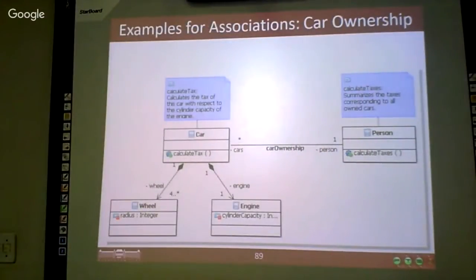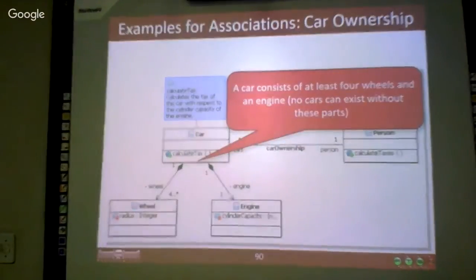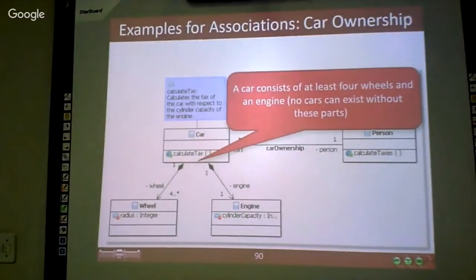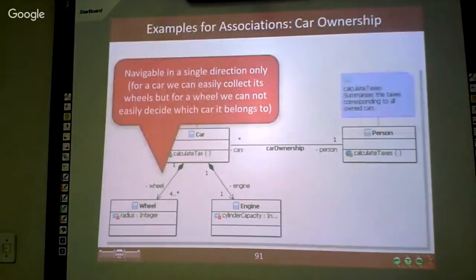And if we extend with some composition, here you can see that the car consists of at least 4 wheels and an engine, and no cars can exist without these parts. So the cars must have these wheels and an engine.